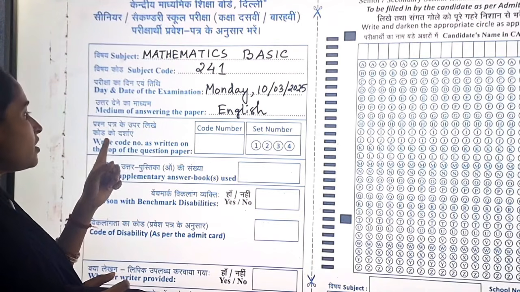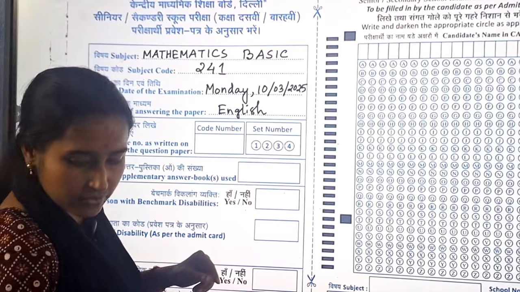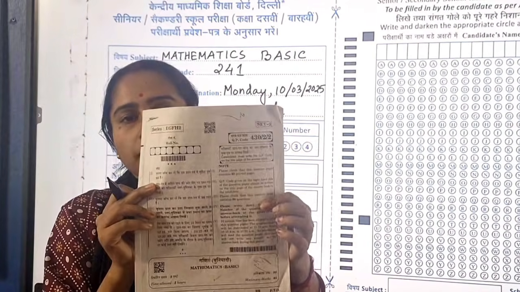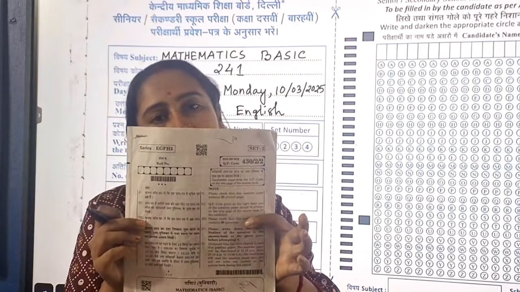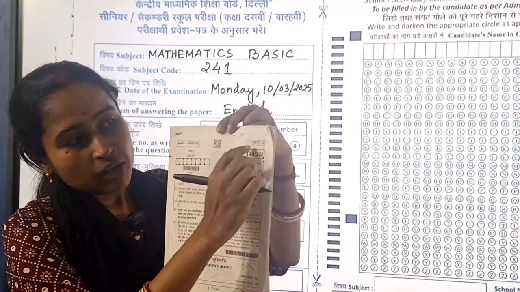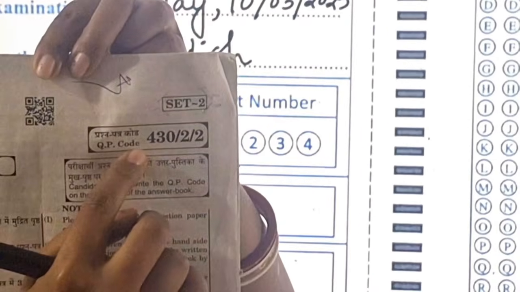Next it is written, write the code number as written on the top of the question paper. Here I am taking the same last year question paper, that of mathematics basic. The same kind of question paper will be given to you. In the right corner of the question paper you will see set and then the question paper code.